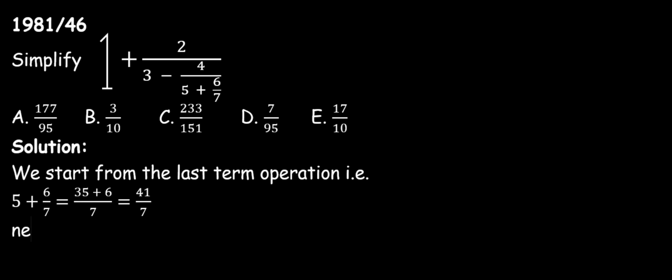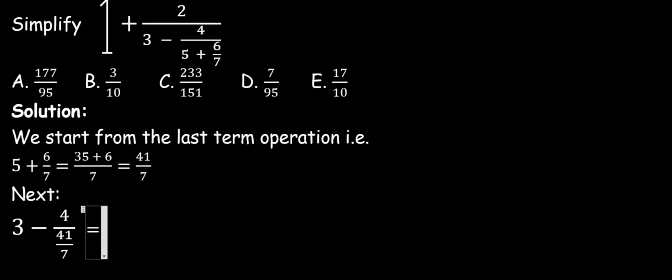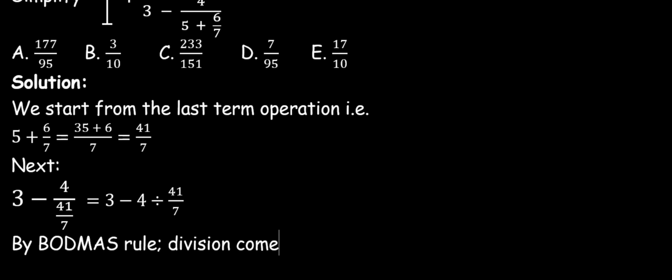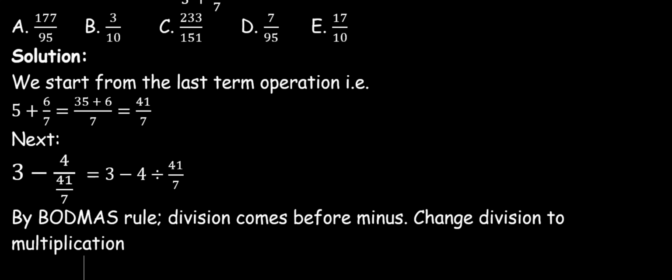Next, we take the next operation that follows, which will now become 3 minus 4 over 41 over 7, which is the same as 3 minus 4 divided by 41 over 7. By BODMAS rule, division comes before minus. Thus, we change division to multiplication, and our result will be 3 minus 4 times 7 over 41.